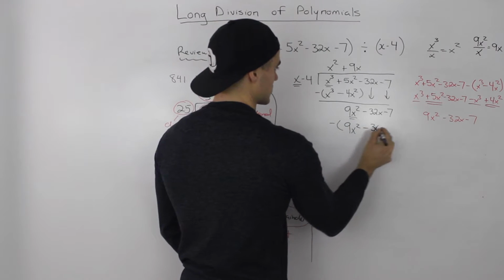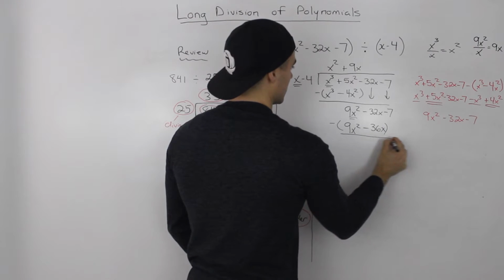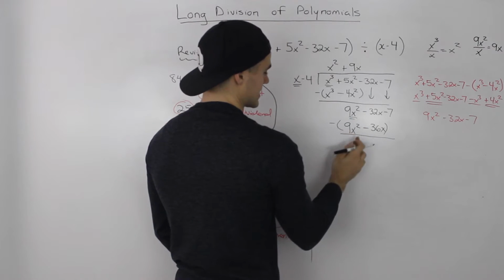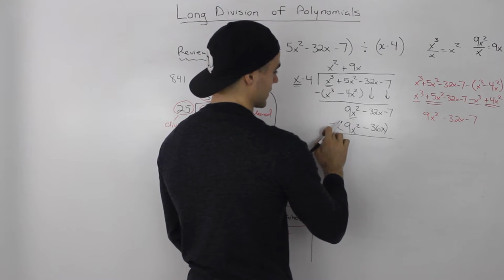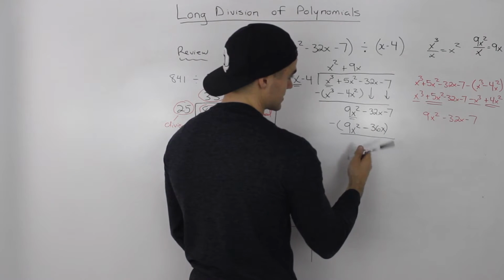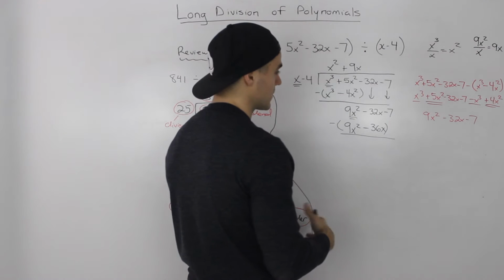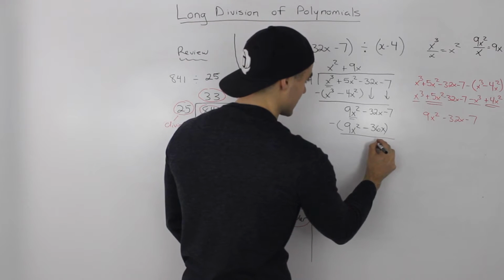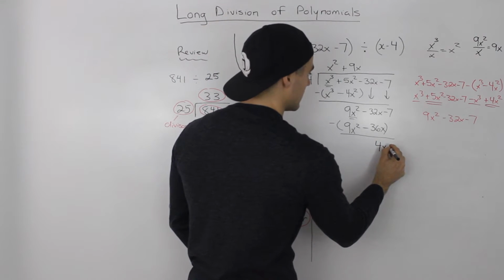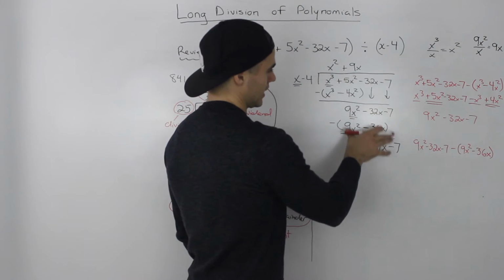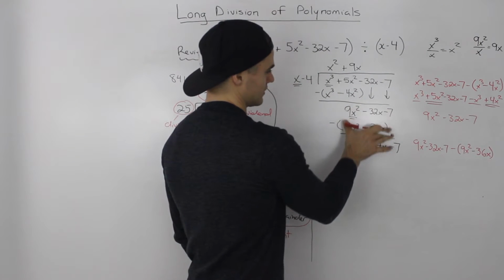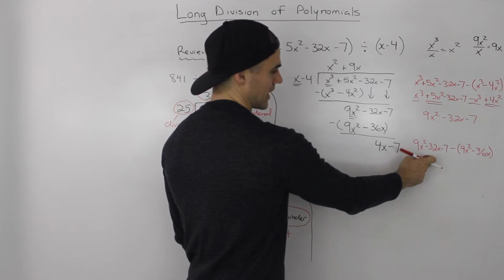And then we minus this whole expression here. So 9x squared minus 9x squared is 0x squared, so we don't have to put anything. And then negative 32x, negative 36x, that's the same as negative 32x plus 36x, so that ends up being 4x minus 7. We bring the 7 down. Again, my suggestion is before doing this vertical subtraction, perhaps do it on the side.